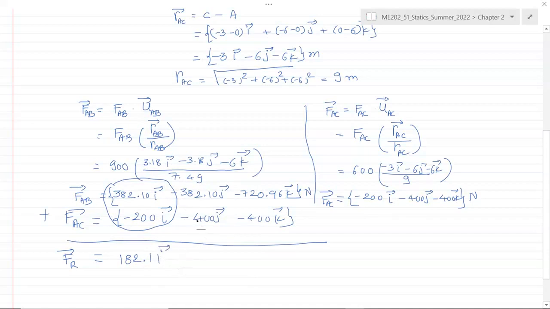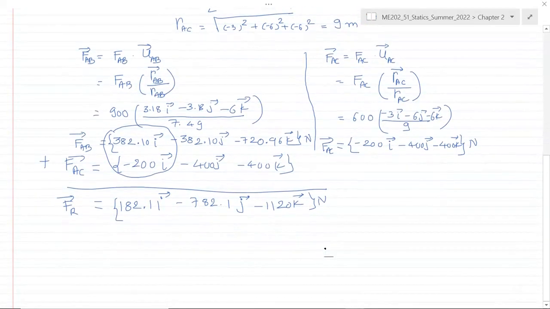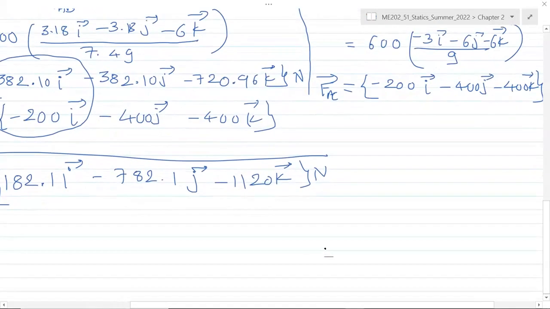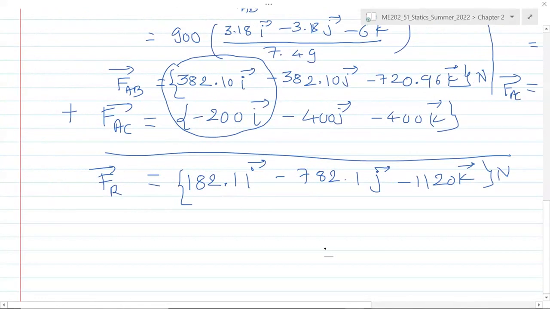Then it's minus 382 minus 400. So that's minus 782.1j, and it's minus 720 minus 400, which is minus 1120k. And that is the resultant force acting at point A, which is the combination of both AB and AC. Now we need to calculate the magnitude and direction coordinate angles for the resultant force.